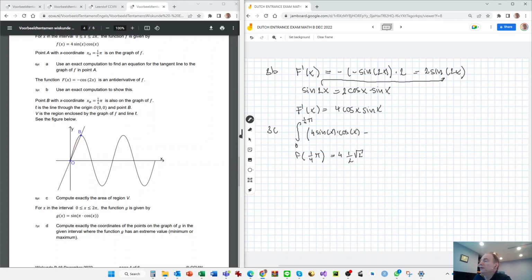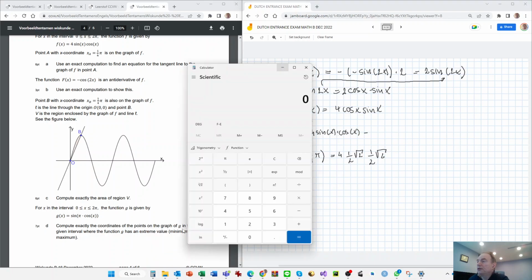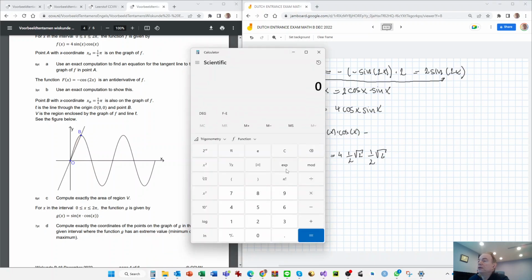It's one of the angles you need to know. If push comes to shove, you can still check it in your calculator, since the calculator is allowed. You can put it in radians, enter quarter pi. Anyway, I don't think you need to do this. Then find the sine, and you find 0.7, which you then need to recognize as half the square root of 2.